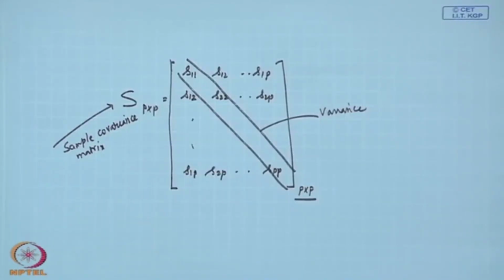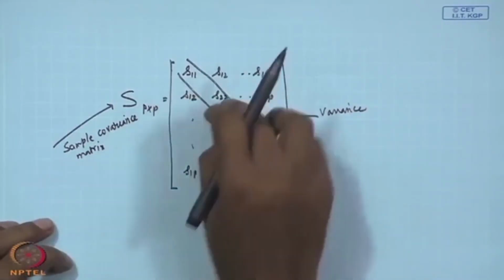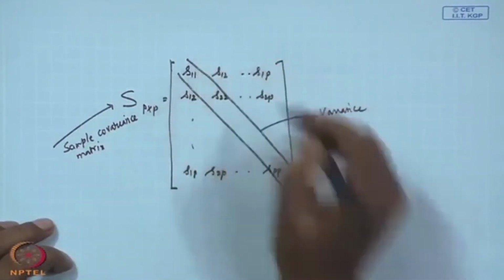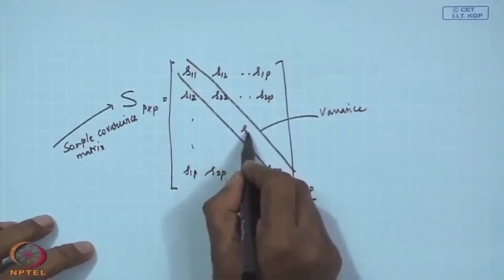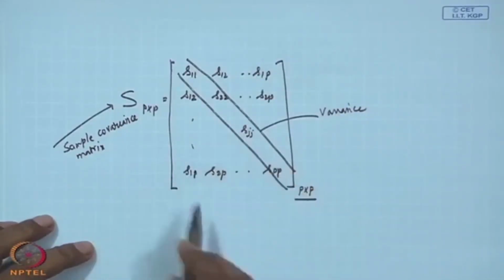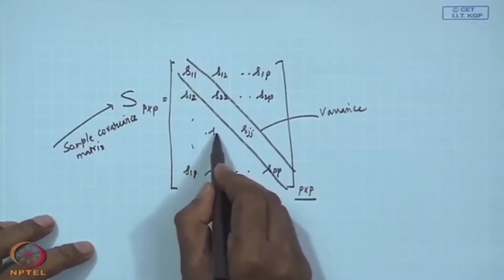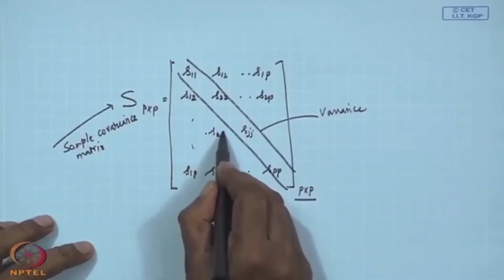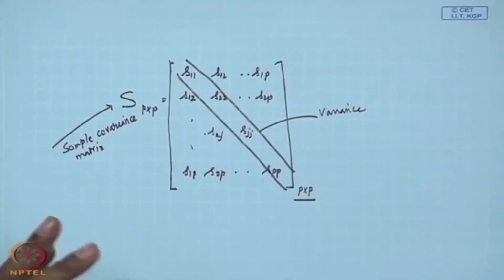How do we calculate S11, S12, like this, all the elements of this matrix? The general one here will be Sjj, and somewhere here maybe Skj will be there, or Sjk.